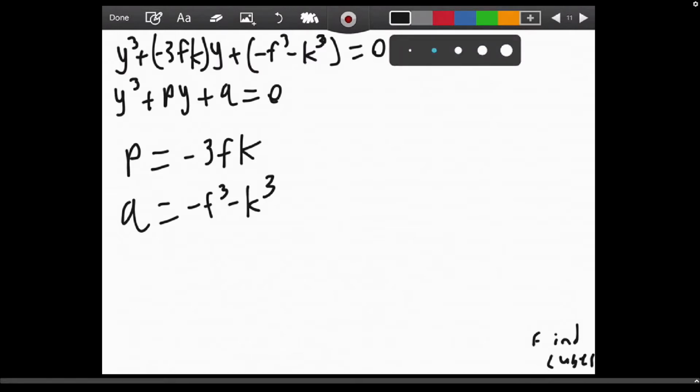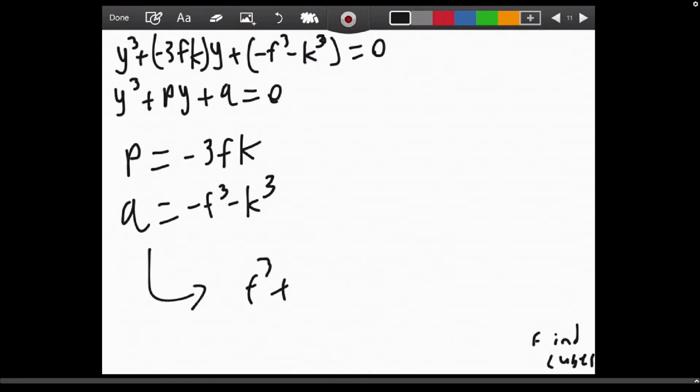We're going to do a little bit of algebra here, which I will explain why in a second. We can make f cubed plus k cubed equal to negative q. We're just factoring out a negative and dividing. For p, negative p over 3 equals f times k.